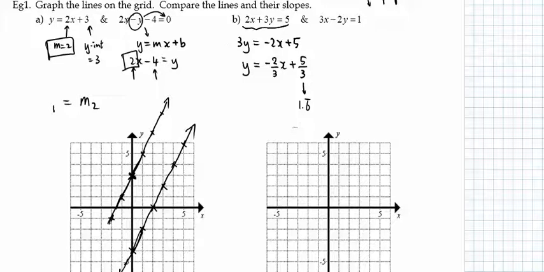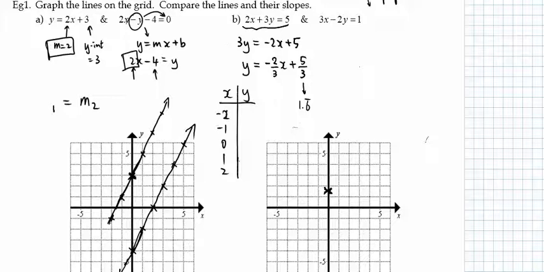If you are not too sure where 1.6 is on your graph, if you are not 100% sure that this will be the point on the y-axis, you can set up a table of values to draw this line instead. You can use x equals 1, x equals 2, x equals 3, and so on. And you are going to find a nice point to start your line.